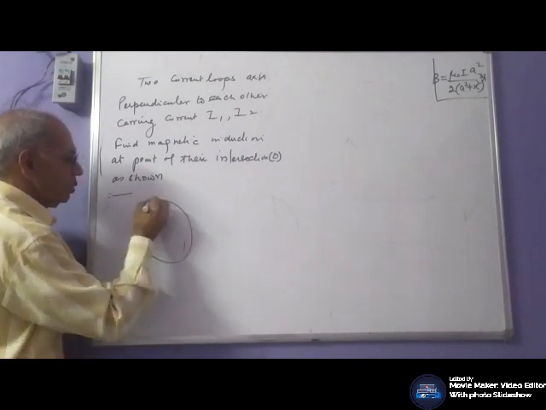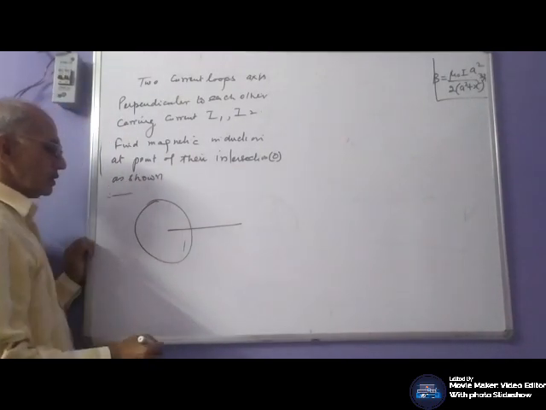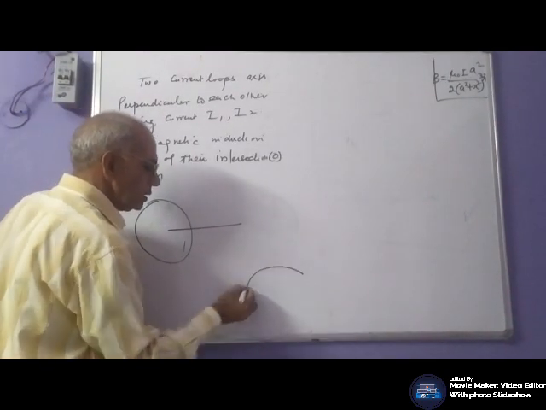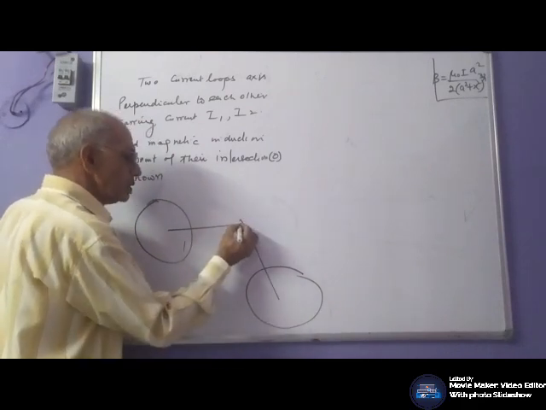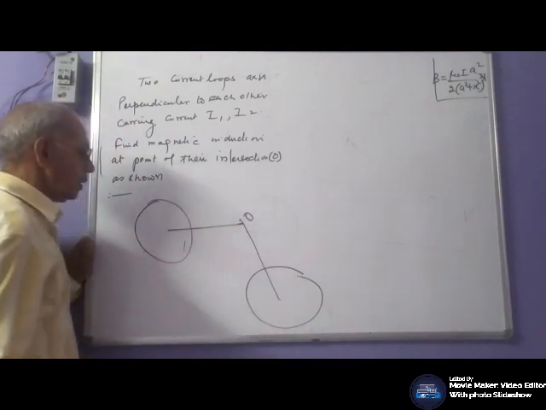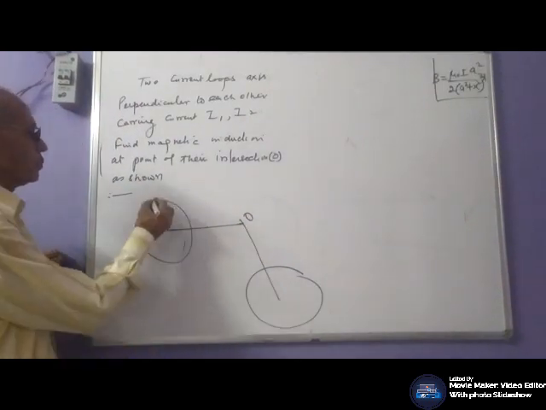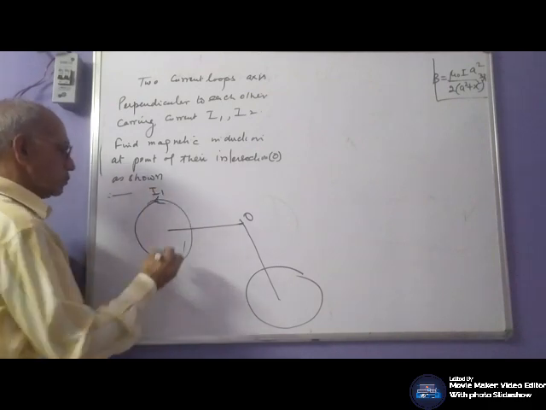This is one current loop. This is its axis. This is another current loop, and this is its axis. The axes are perpendicular and this O is the point of intersection. This is current, say I1.